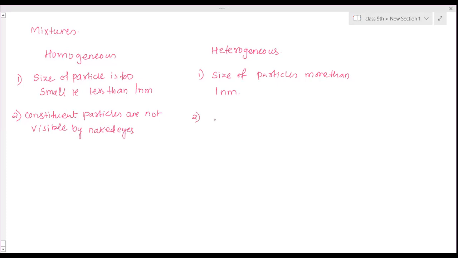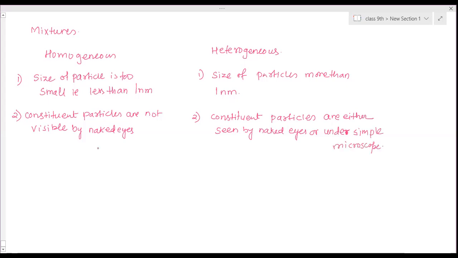And the second one: constituent particles are either seen by naked eyes or under a simple microscope. Ma'am, this particles means just solute or solid particles? Yes, solid particles.